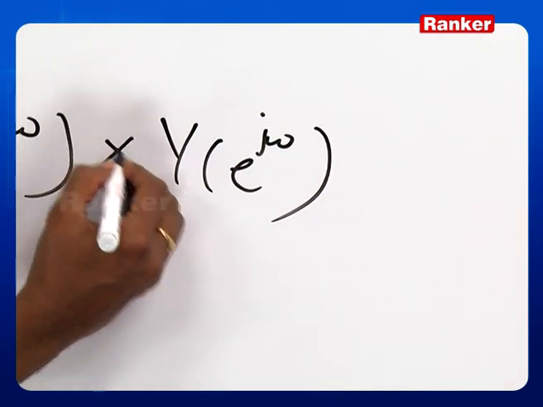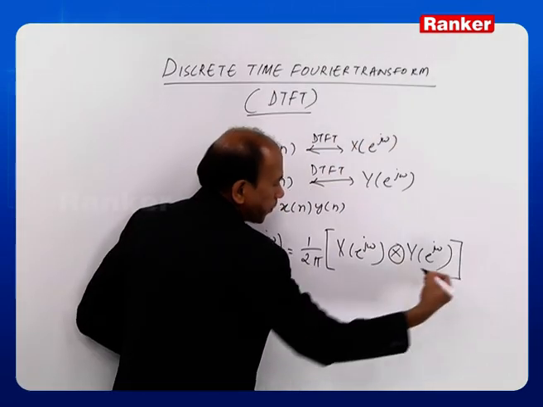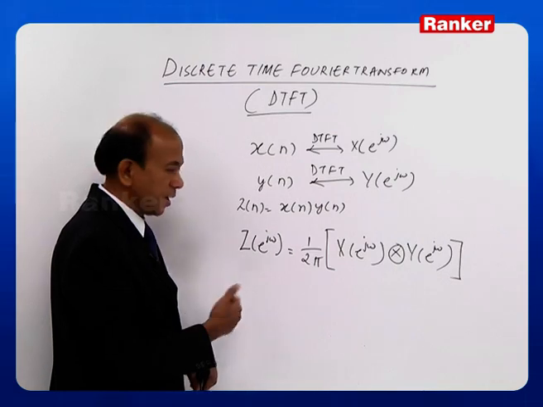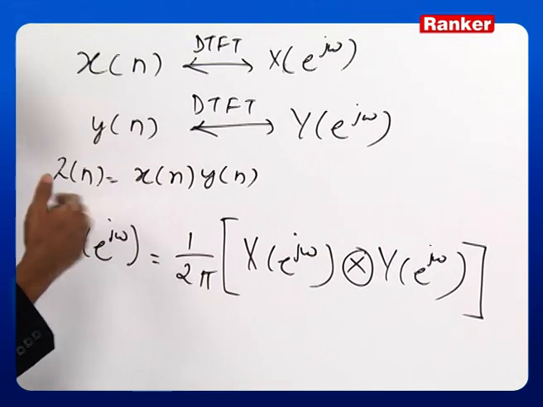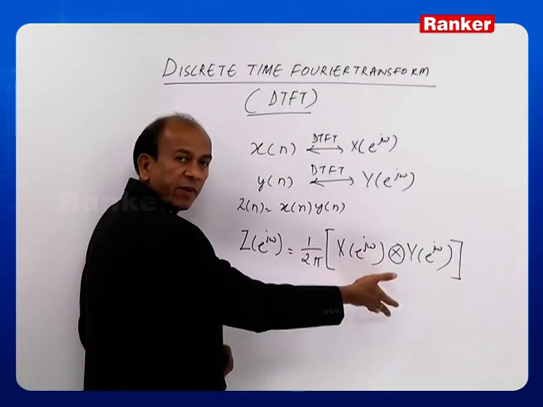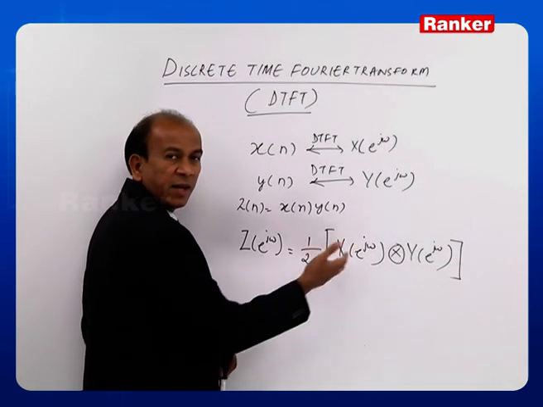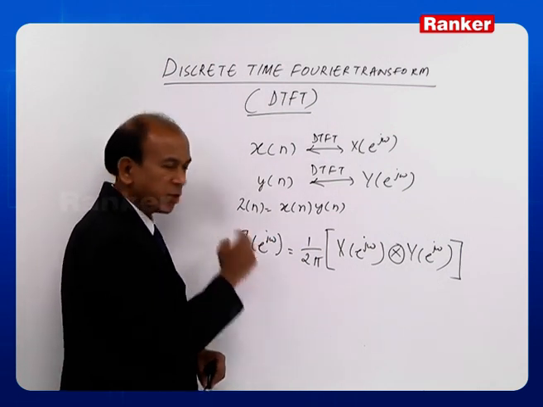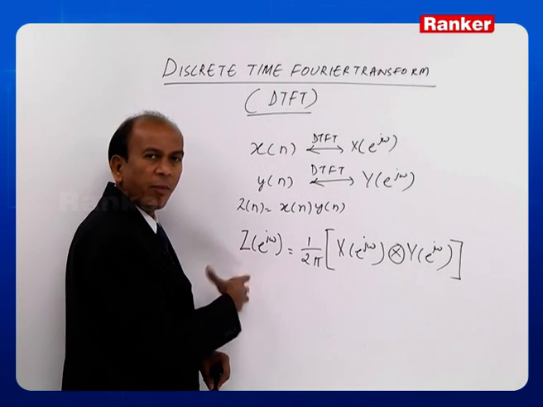As you have guessed, this is the convolution of these two. This is similar to the earlier property which you have seen a little while ago. Multiplication in the time domain results in convolution in the frequency domain. Similarly, when I multiply in the frequency domain, it will be convolution in the time domain. So, this is a very important property.